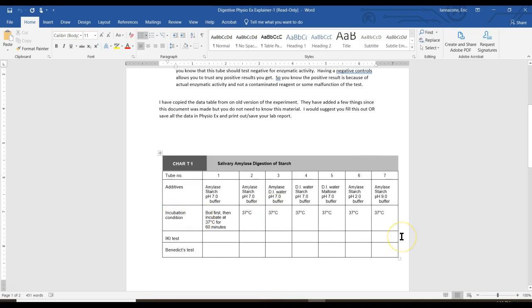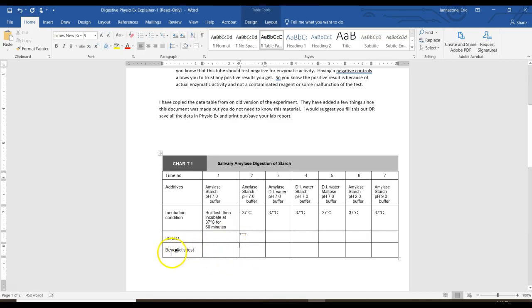So just looking at this, we have not gone over the iodine and the Benedict's yet, so I will briefly tell you that iodine is brown. This is iodine potassium iodide. When it comes into contact with starch, it turns dark blue. So that would be a positive reaction, so we'd put like a plus here.